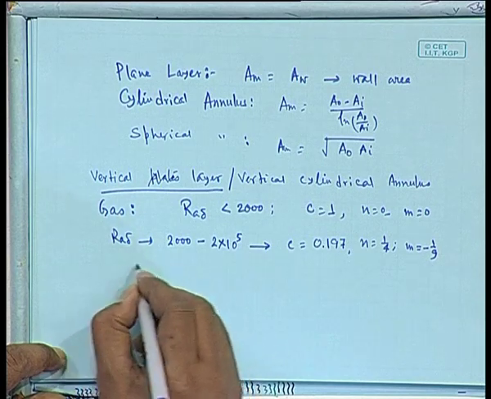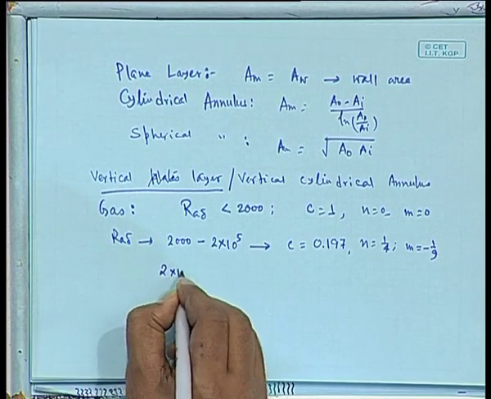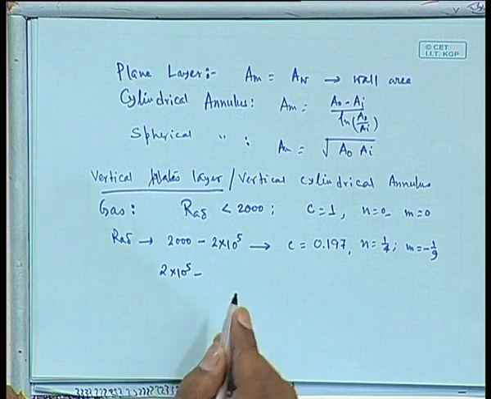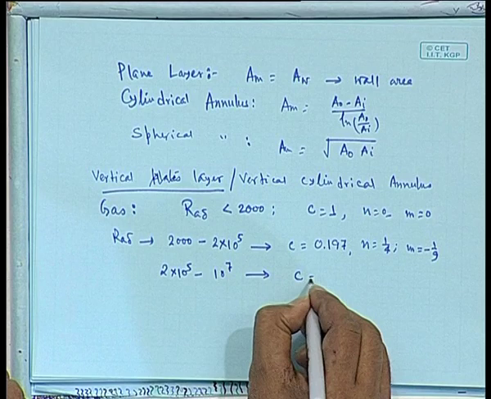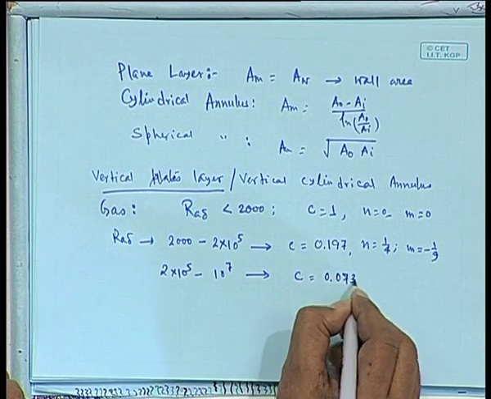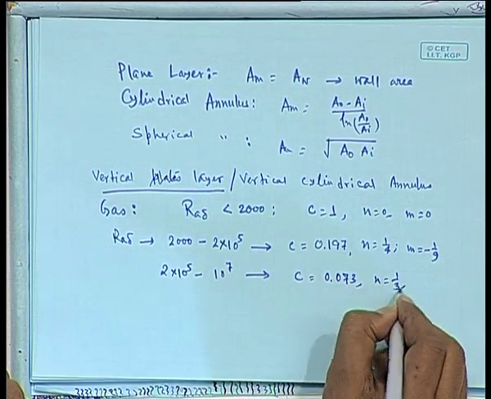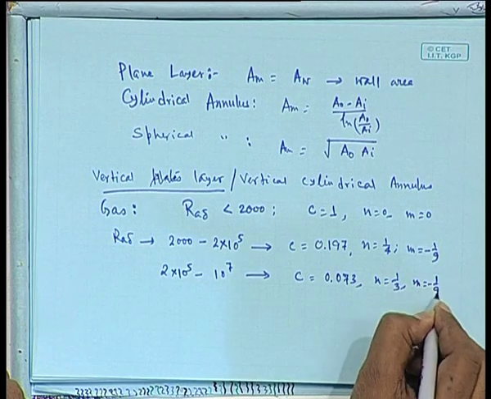For Rayleigh number in the range of 2 into 10 to the power 5 to 10 to the power 7, value of C will be 0.073, N equal to 1 upon 3, M equal to minus 1 over 9.